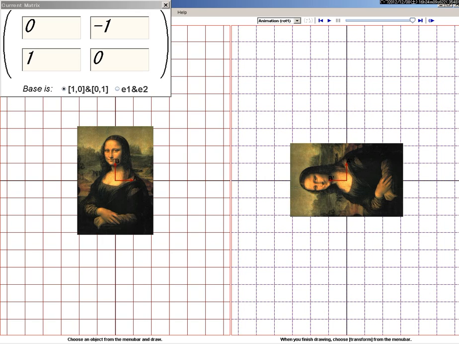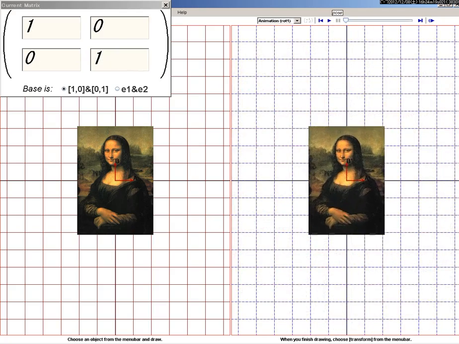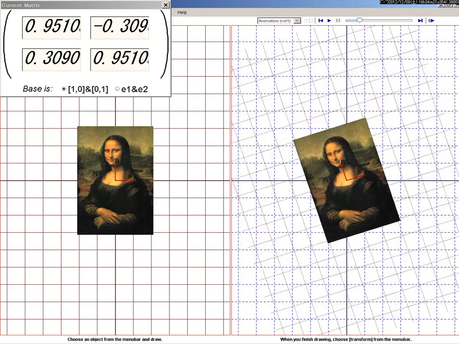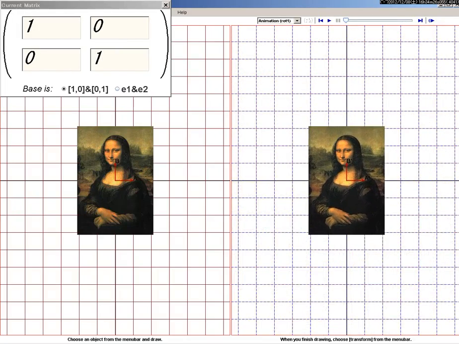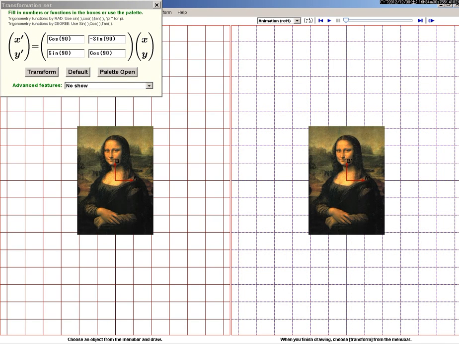So I put loads of 50 or 60 matrices in between 0, 1, minus 1, 0 and 1, 0, 0, 1. And you can use this rotation not only for pure rotation but also lots of other transformations.